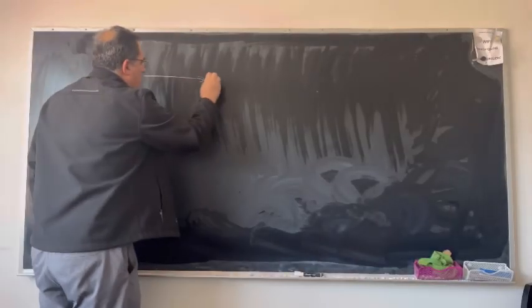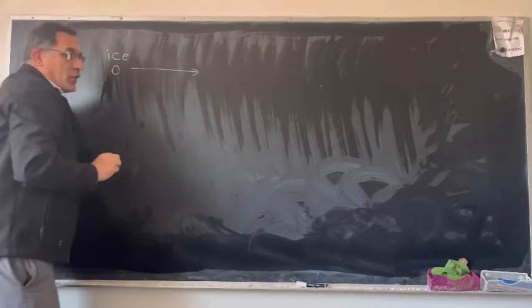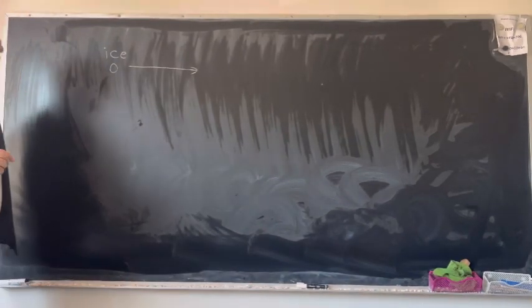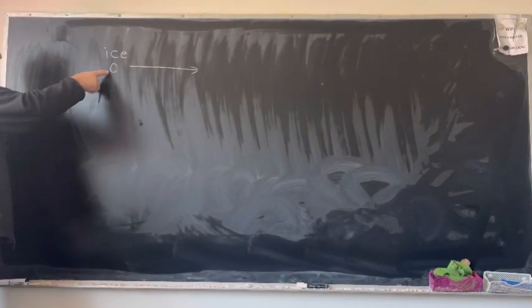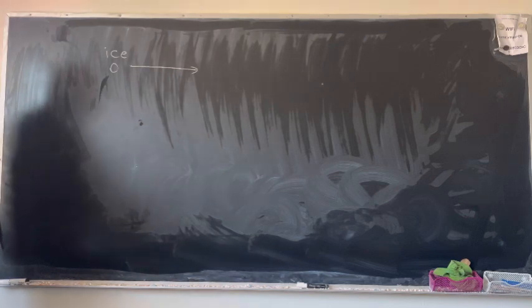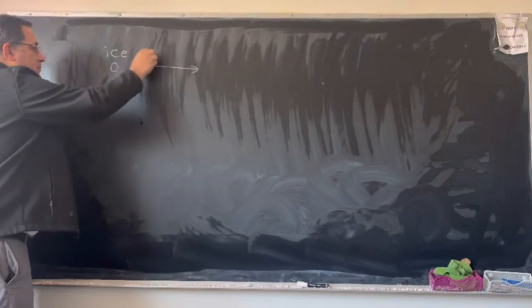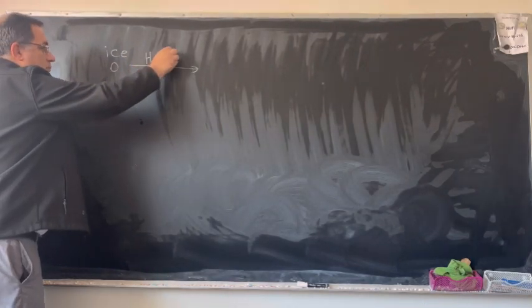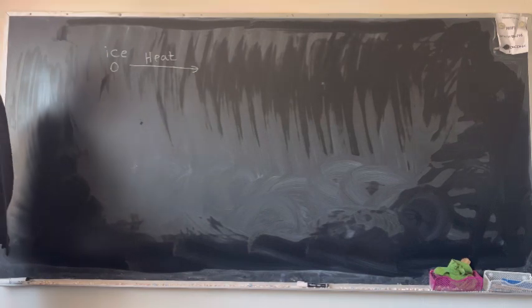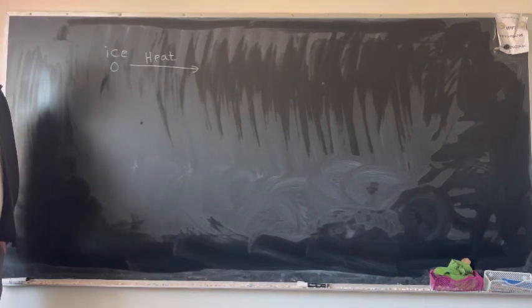You have ice at 0 degrees and you want to convert it to water. So, if you give heat to ice at 0 degrees, a solid, what happens? It converts to water.